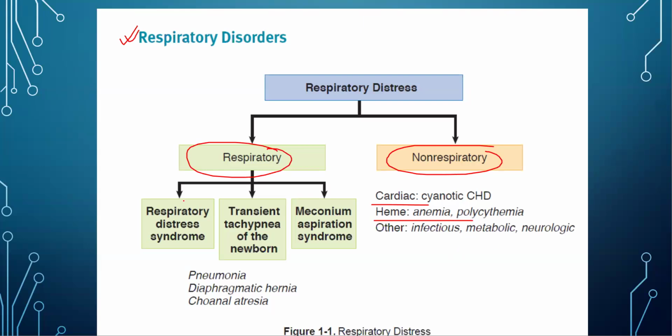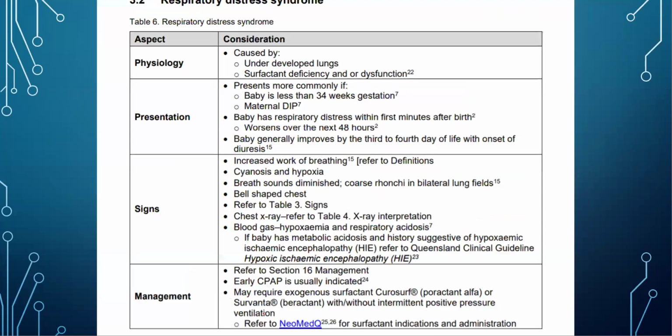But the respiratory ones are important. We have RDS, which is respiratory distress syndrome, transient tachypnea of the newborn, and meconium aspiration syndrome. These are the three most common causes of respiratory distress in a newborn. It could also be pneumonia, diaphragmatic hernia, or choanal atresia.